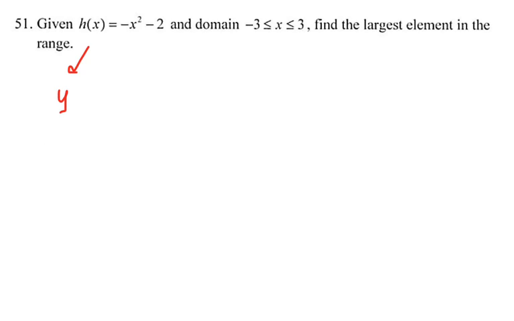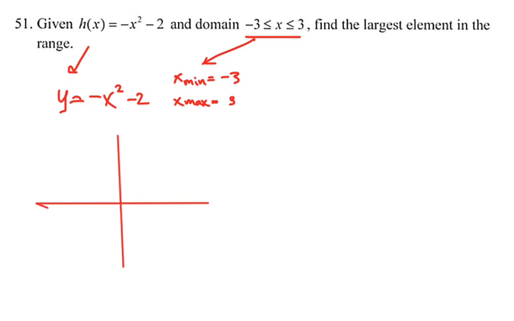Let's look at number 51. Here we have, given that h of x is equal to negative x squared minus 2, and the domain of x will be negative 3 through 3. We want to find out the x minimum and x maximum, which are negative 3 and 3. So you can set up the window that way, or we just have to find out what's happening at the ends as well.